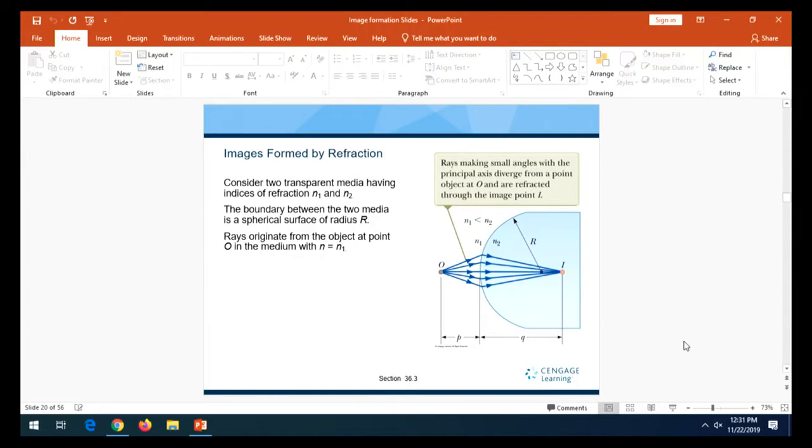We get the images formed by refraction. So we've got two transparent media, meaning we can shine light through them, and we have the boundary of the surface. So you're going to have to keep track of where your radius of curvature is. In this case, we have the object outside the lens or the paperweight, and the image on the inside. We're still going to use p to mean towards the object, and q to mean towards the image.